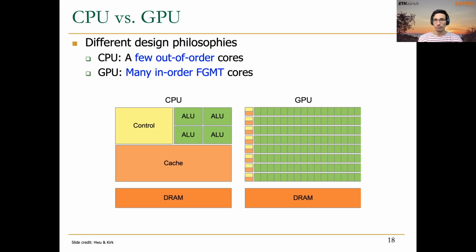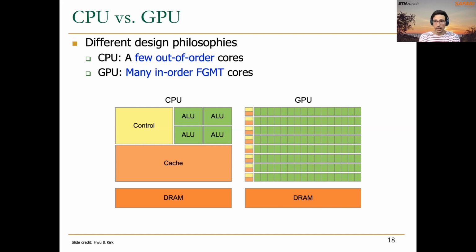While a CPU has very few out-of-order cores that are super powerful by themselves, GPUs have many more cores that normally are in-order and fine-grained multi-threaded and much less powerful than each of the individual CPU cores. The biggest advantage is that we are going to have many of these small in-order cores, and this way we are going to be able to exploit a lot of parallelism.